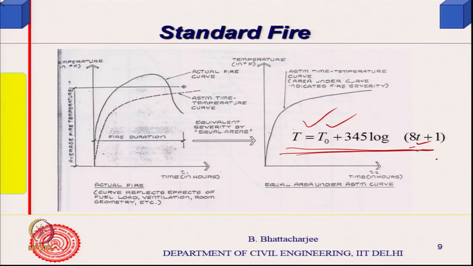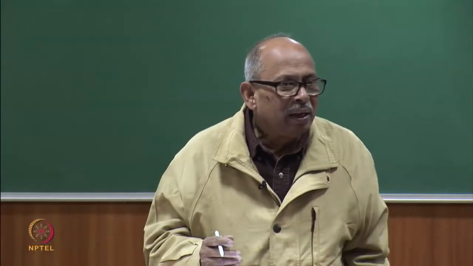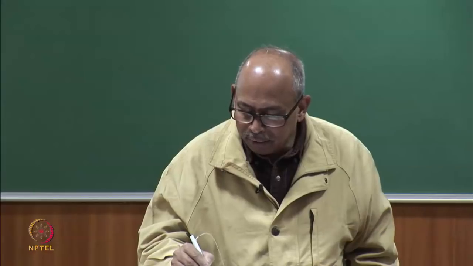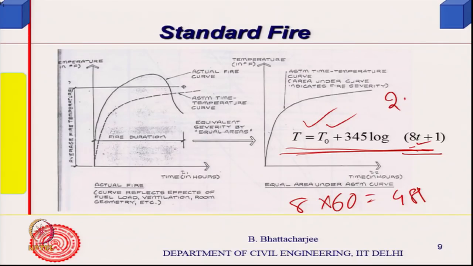So supposing it is 1 hour, how much will this temperature be? This will be 60 minutes. So 8 into 60 is 480, plus 1 is 481, the 1 really does not make any difference. So take log of 481, which will be 2 point something, 2.68, multiplied by 345, that is 925, plus 25 or 30 degrees centigrade ambient temperature.